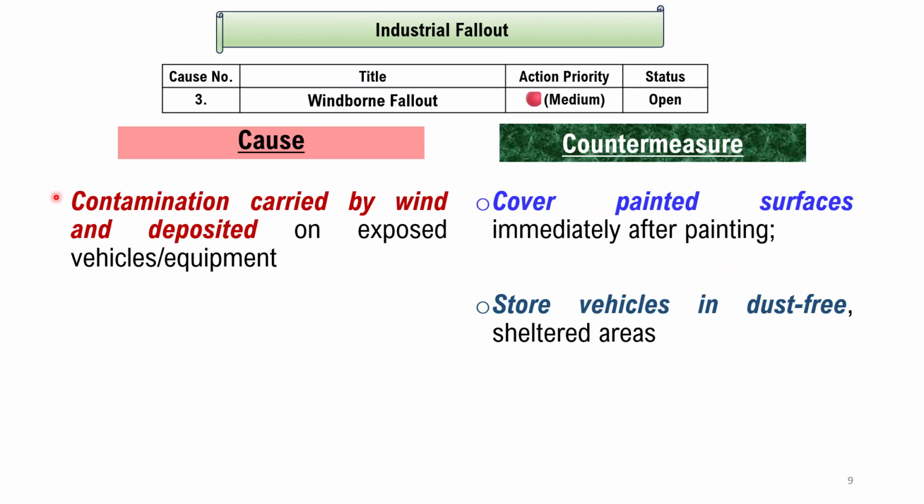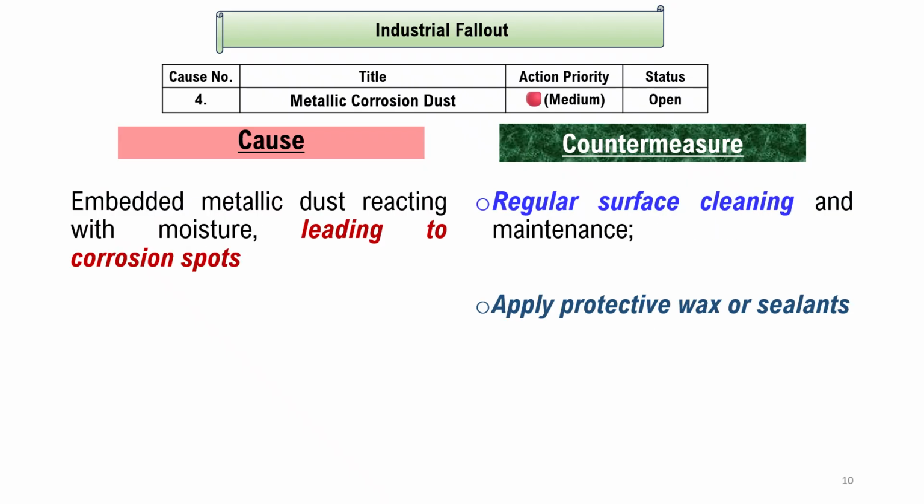Number three, probable cause would be contamination carried by wind and deposited on exposed vehicles or equipment. The countermeasure: cover painted surfaces immediately after painting, store vehicles in dust-free, sheltered areas. Number four, probable cause could be embedded metallic dust reacting with moisture leading to corrosion spots.